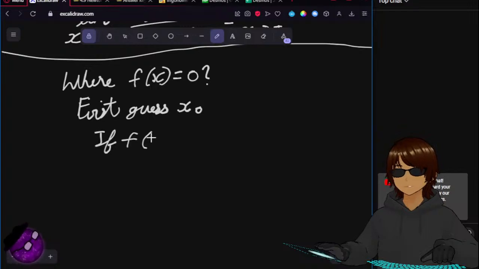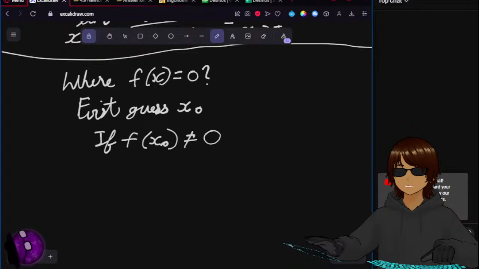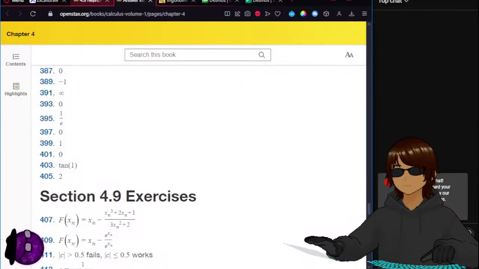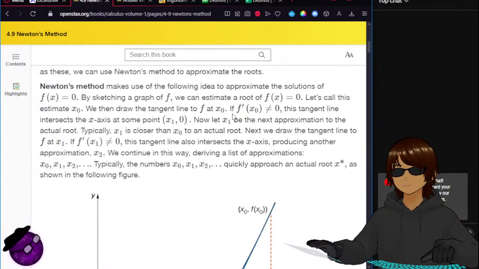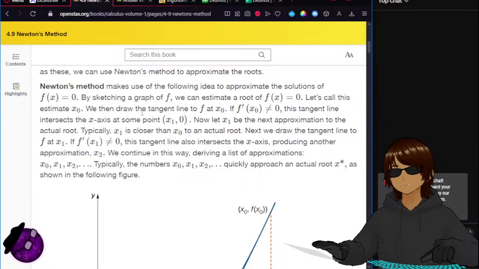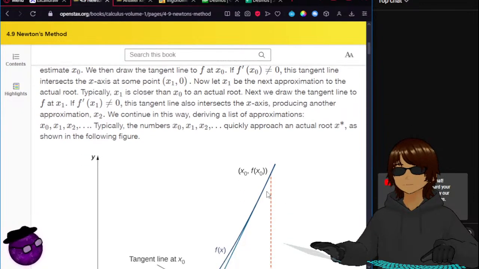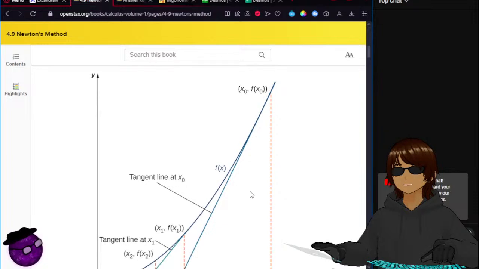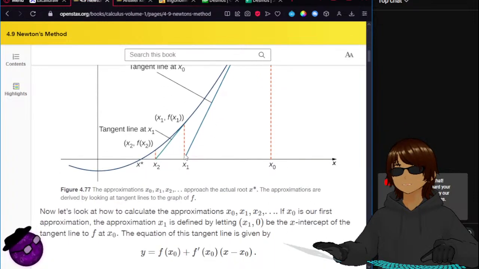If f(x0) is not 0, then we draw a tangent line to f at x0.